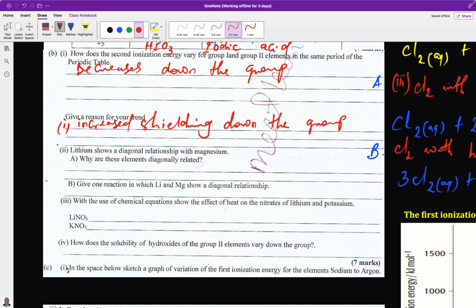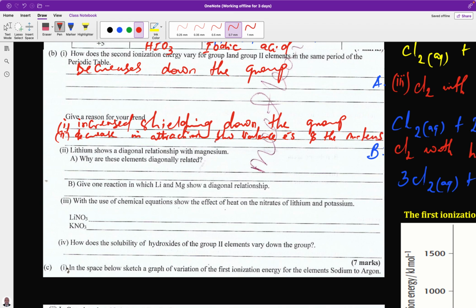Then we can say 2. Decrease in attraction, decrease in the attractive force between the nucleus and the valence electrons.